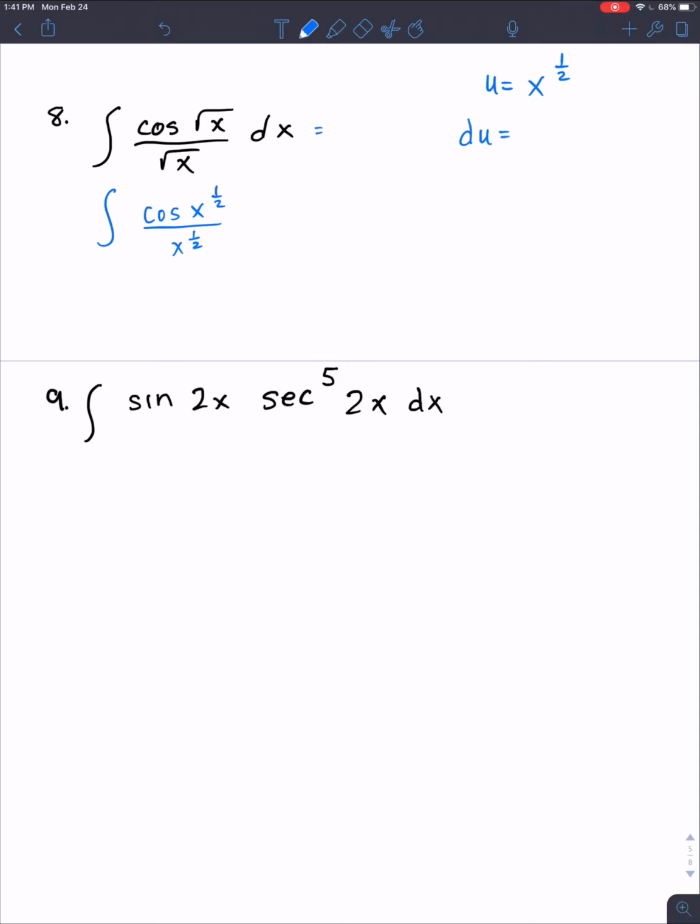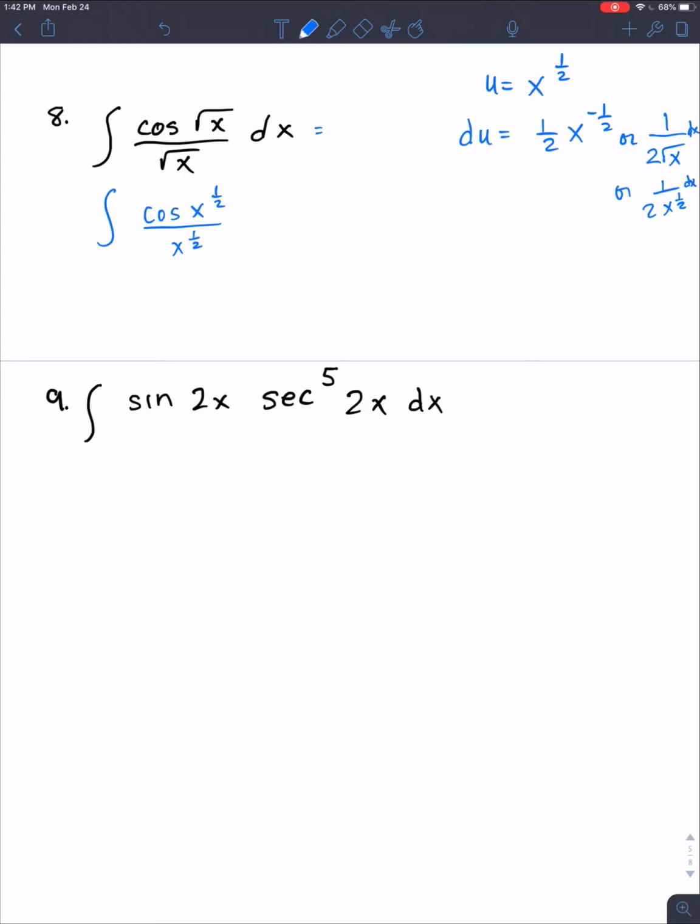The derivative of u is 1/2 x to the negative 1/2, or algebraically simplifying that, it's going to be 1 over 2 times the square root of x, or 1 over 2 x to the 1/2. Both of these are equivalent forms. Squeeze in a dx.